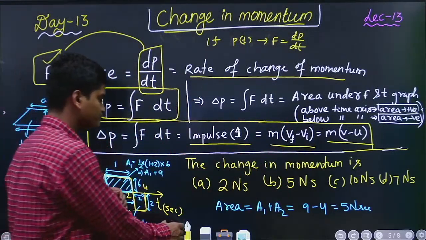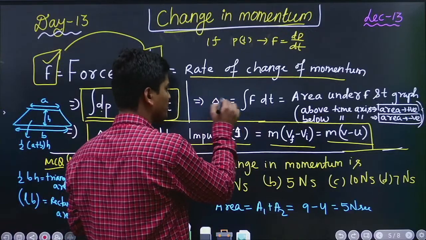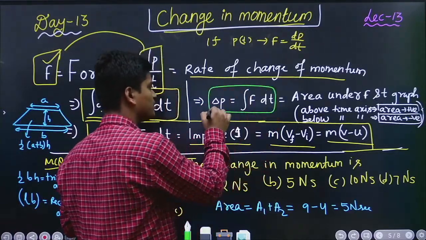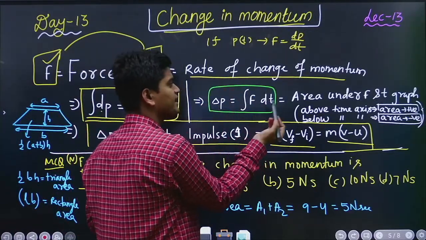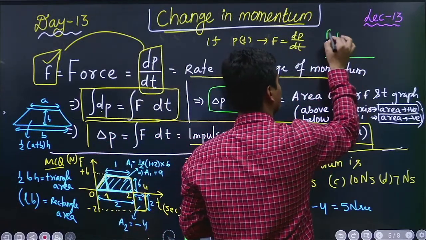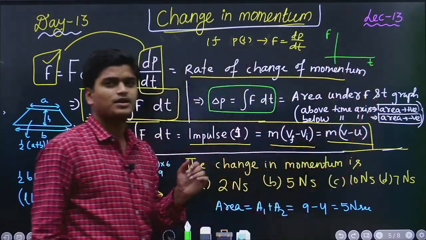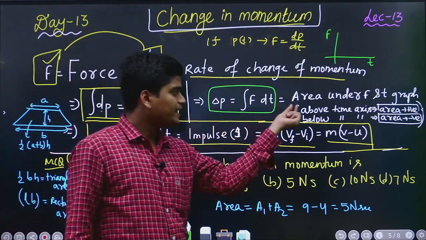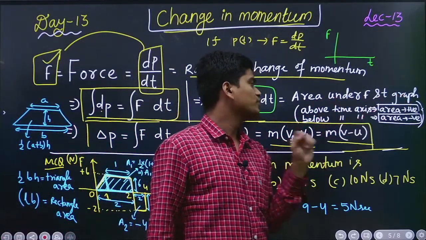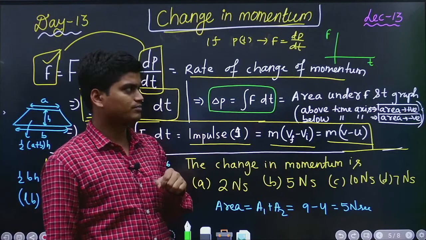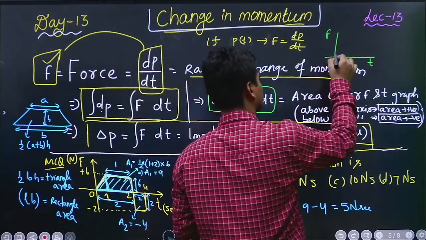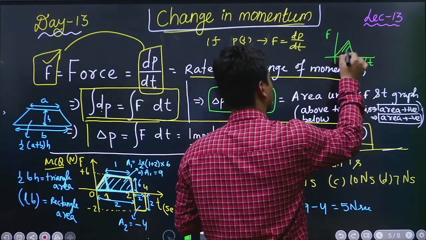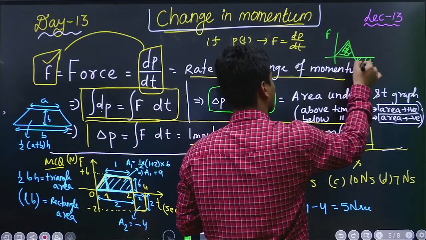And remember, if change in momentum is the integration of F dt, that means if an F and t graph is given, then the area under the F and t graph will give you the change in momentum. Suppose a graph is like this. Now you find this area and this area.